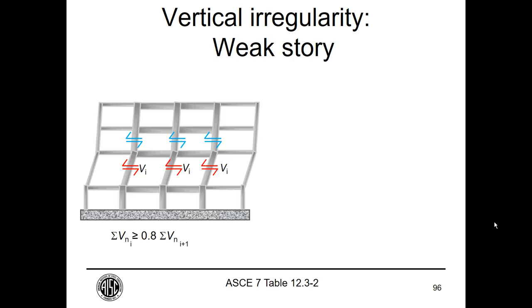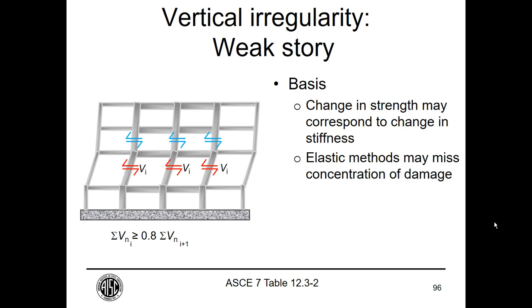Finally, we have a weak story irregularity. We look at the story shear strength and compare that to the level above. If we are less than 80%, we have a problem. We have a weak story irregularity. We could have a concentration of story drift and damage in that level.